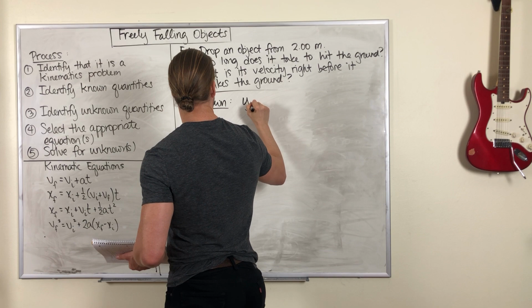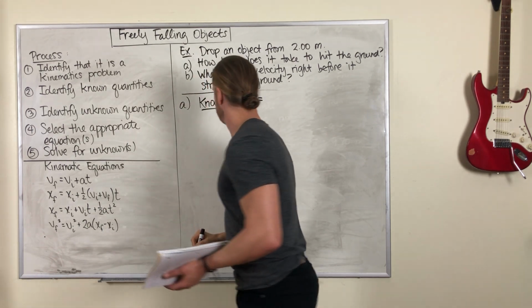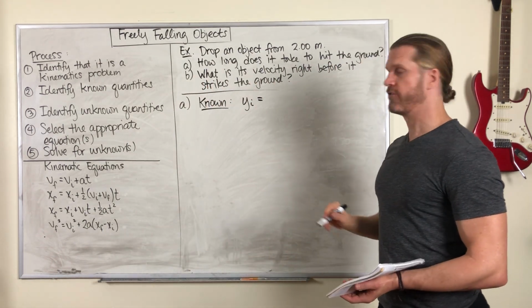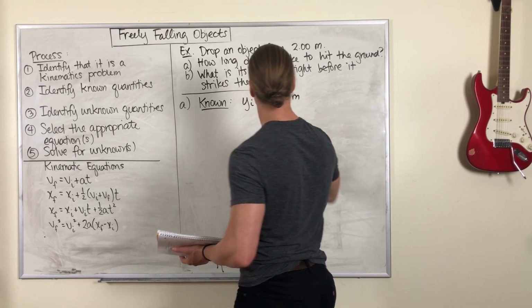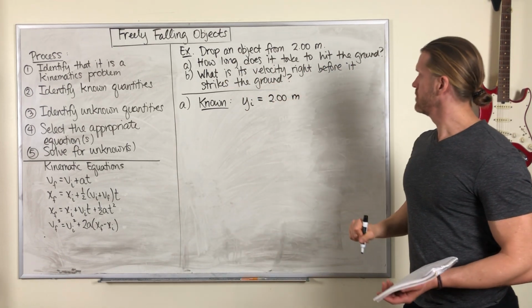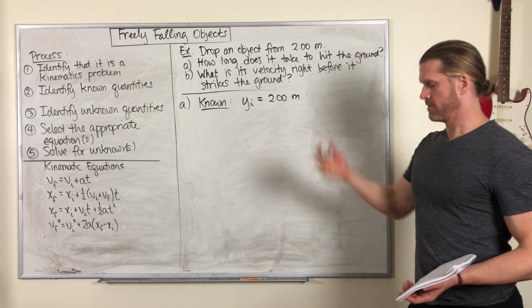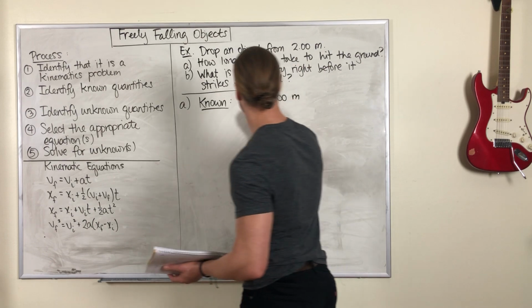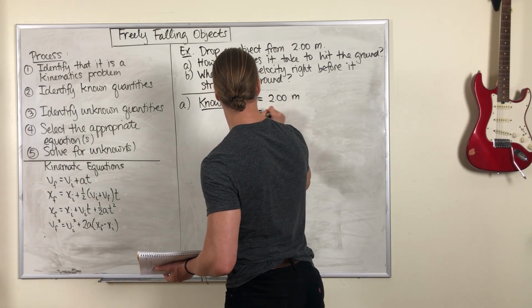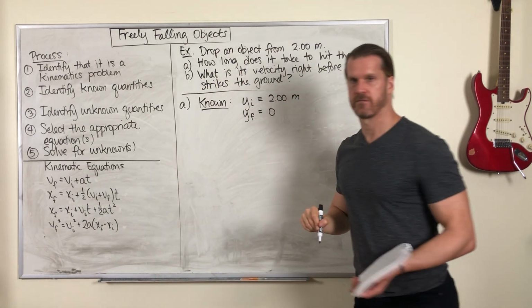We know the initial position is 2 meters. We know the object's hitting the ground, so the final position, y final, is 0 meters.